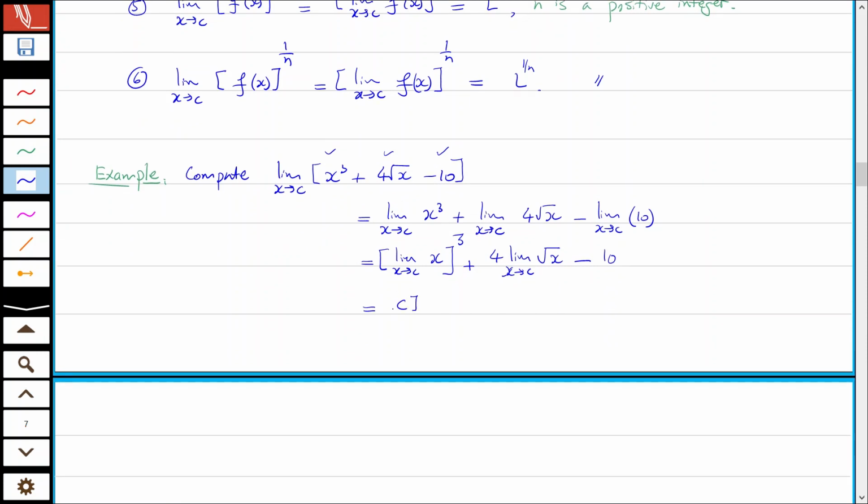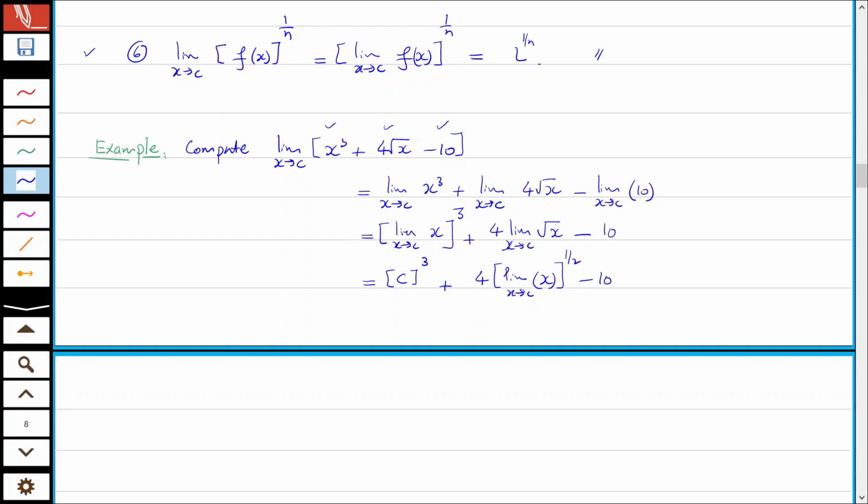And then I have 3 on the top. Using property 6, I can write 4, limit x approaches c of x, all under the square root, which is 1 over 2, minus 10. I put the limit inside. This is c. I am left with c cubed plus 4 root c, minus 10.